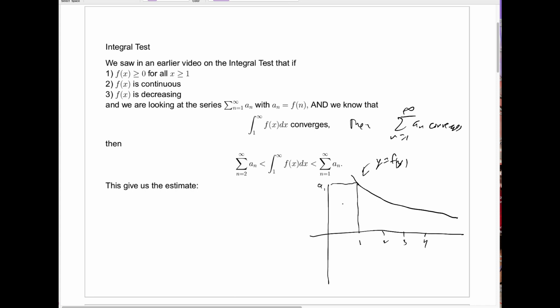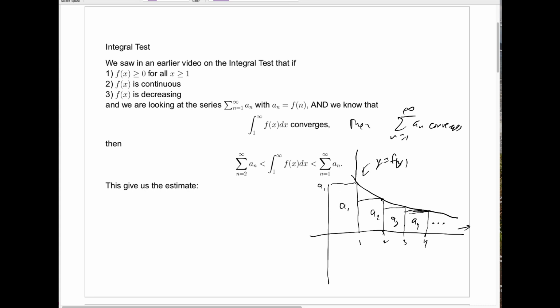So the area of this rectangle is a sub 1. The height of this point here on the graph of f is a sub 2. So the area of this rectangle is a sub 2, since it has width 1 and height a sub 2. And we can continue on like that. A sub 3, a sub 4, etc. And we're going to go all the way to the right.